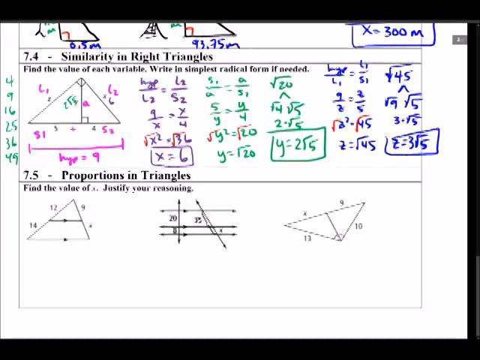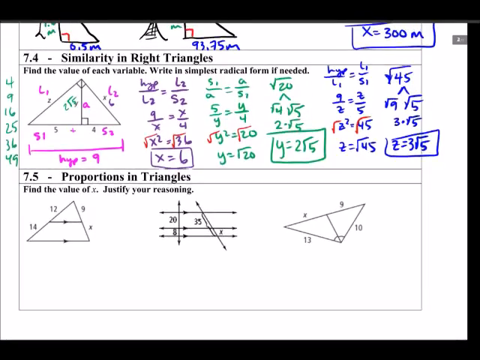Yay! And our last set of problems here. These were our special proportions in triangles. Find the value of x, justify your reasoning. Alrighty. I see parallel lines. That means that I immediately know that this and this are proportional, and this are proportional.